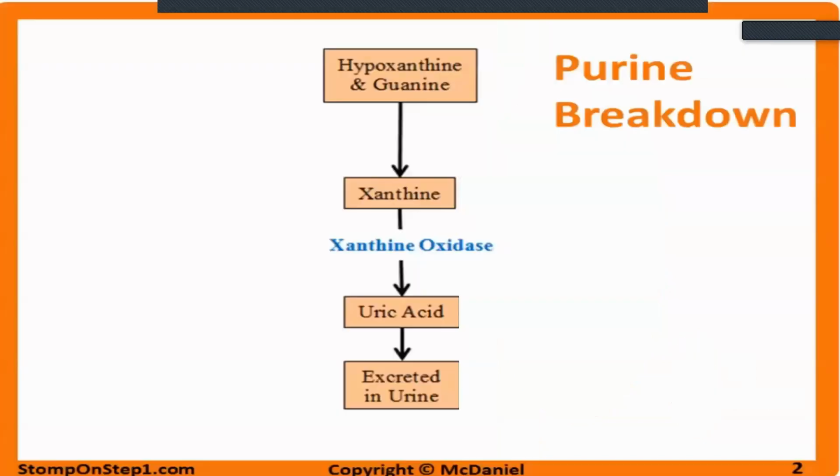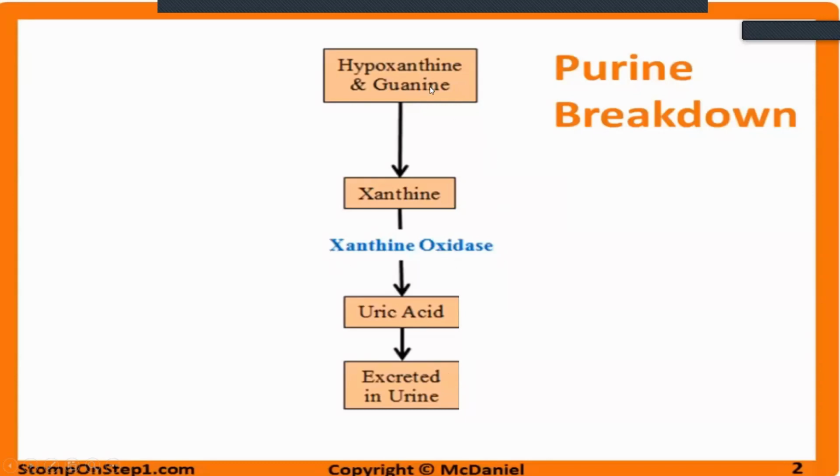Now we are going to see what is the biochemistry behind this disease. So I told you that hypoxanthine and guanine, they both convert to xanthine. Xanthine converts to uric acid and uric acid is excreted in the urine. इस मूवी में जो मेन हीरो या विलन, whatever you want to call it, it is the enzyme xanthine oxidase.